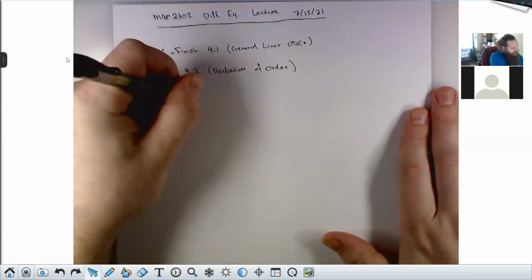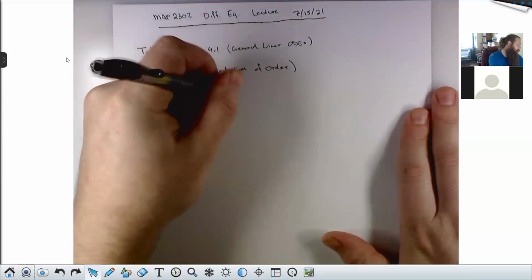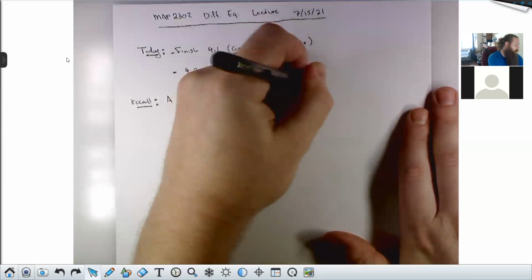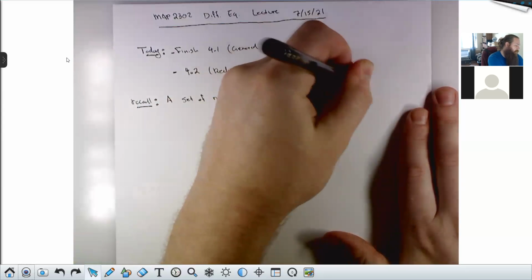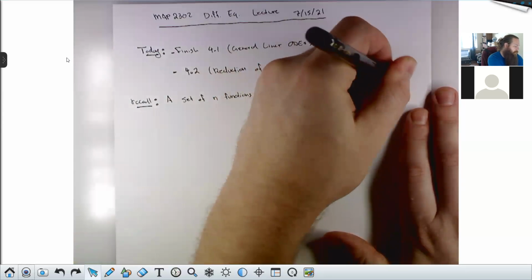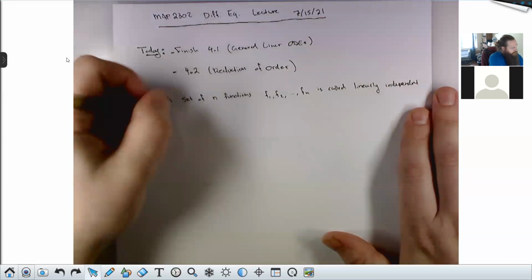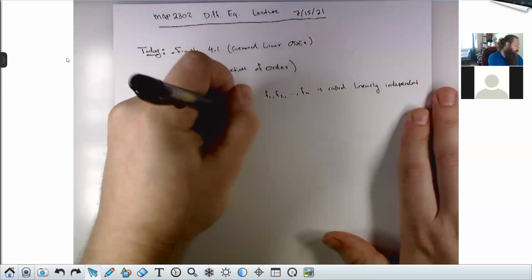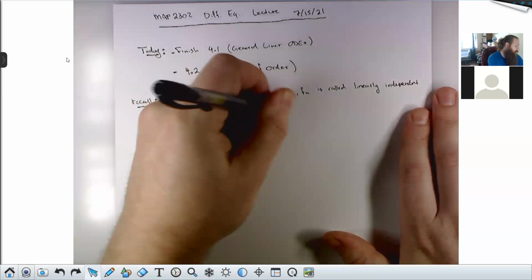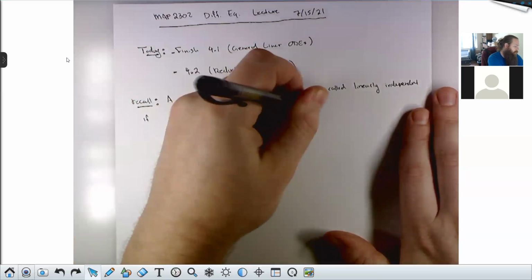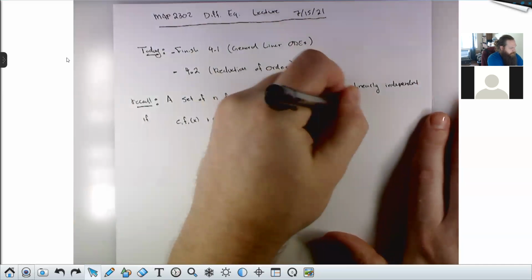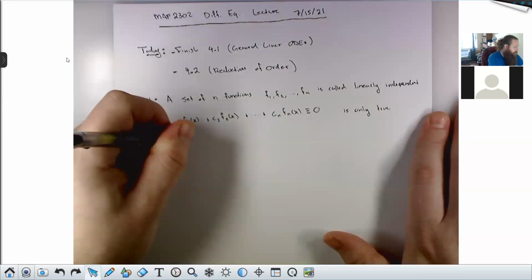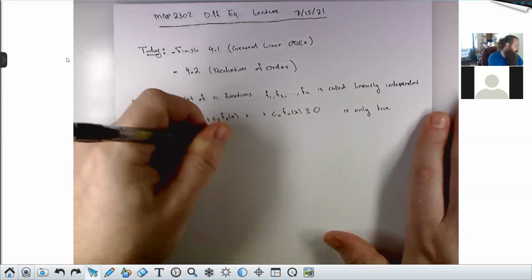that a set of, say, n functions, f1, f2, out to fn, is called linearly independent if the equation C1 f1 of x plus C2 f2 of x out to Cn fn of x is identically 0 is only true for C1 equals C2 equals, all of these C's are equal to 0.